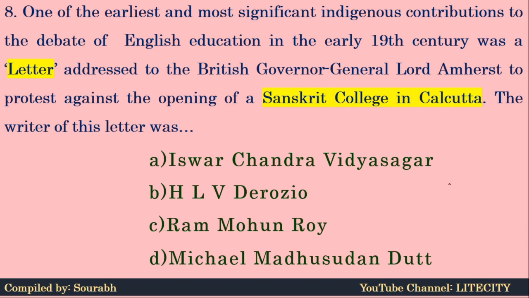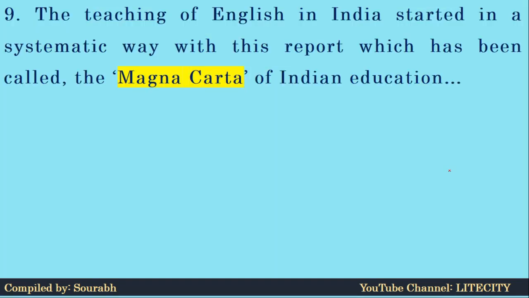They all belong to it, and they all are associated with this English language. Derozio is considered to be the first poet. Madhusudan Dutt is also a great poet. Ishwar Chandra Vidyasagar, he is a social reformer and educationist, and Raja Ram Mohan Roy, we all know about his contribution. And yes friends, Raja Ram Mohan Roy is the answer for this particular question.